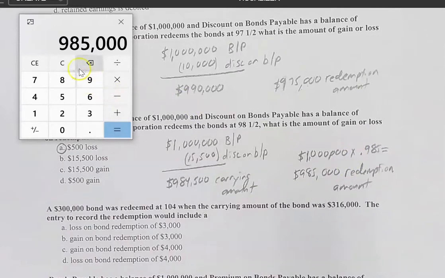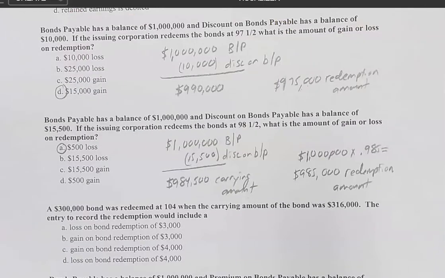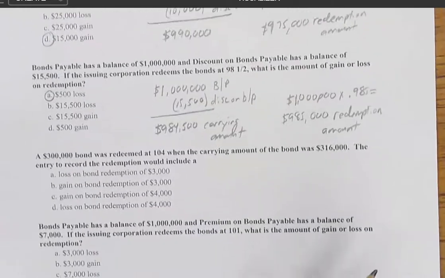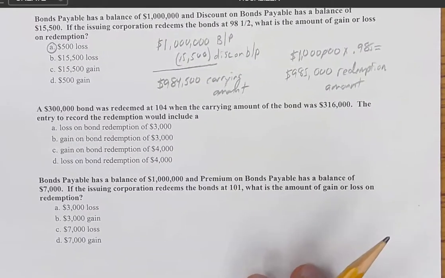Let's do it backwards so we can get it: 984,500 minus 985,000 is negative 500. Call that a loss. Got a couple more questions, and then we will call it quits.